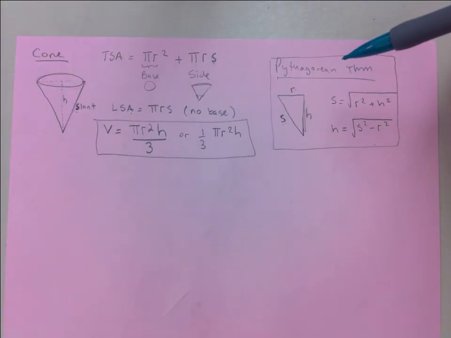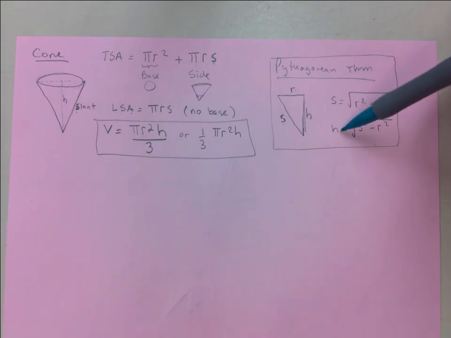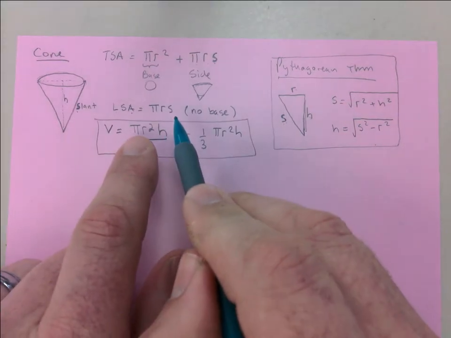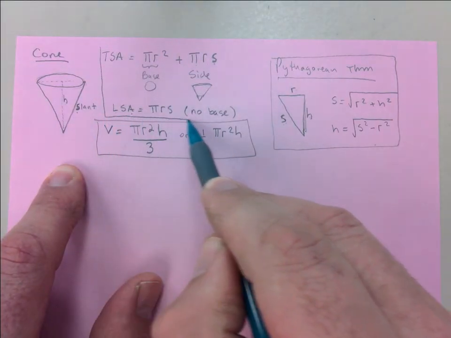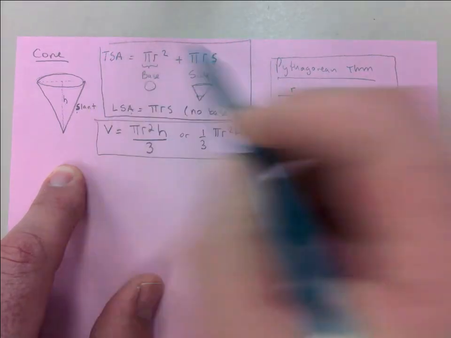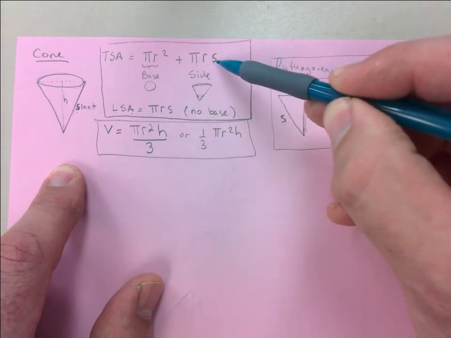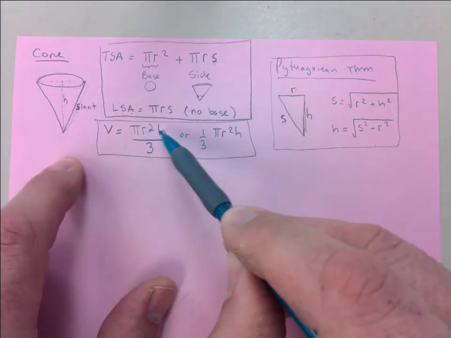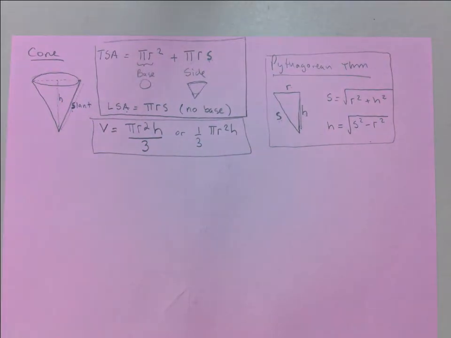If I give you the slant, then you'll probably know the radius, and you want to find the height, use this one. If you want to know the slant, okay, and so remember, surface area only ever cares about the slant height because it goes along the face, whereas volume cares about the actual height, which is measured straight from the center of the shape. Okay, keep that in mind.